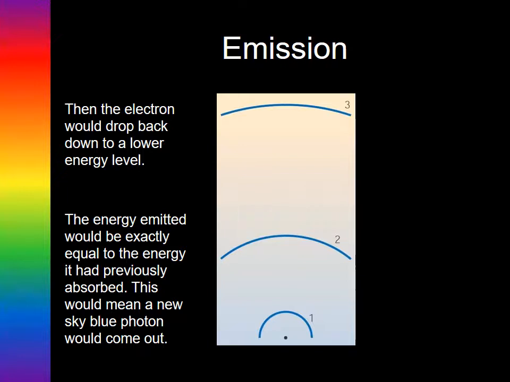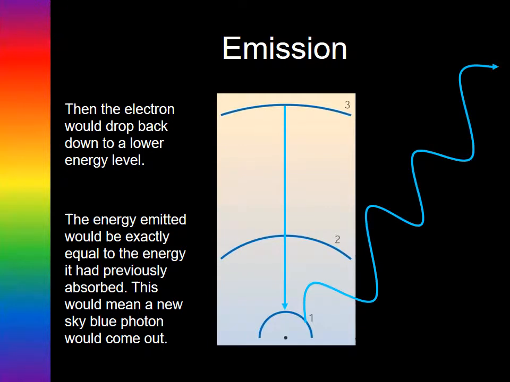So, if the electron jumped back down to the ground state, the energy it gave off would be the exact same amount that it originally took in. And that energy correlates to a sky blue photon. Now remember, every color has its own wavelength, or you can think of it as every color has its own unique energy. So the color that it absorbed is the exact same color that it can emit. Now this would still be a brand new photon, but it would be the exact same color as the one that was absorbed earlier.